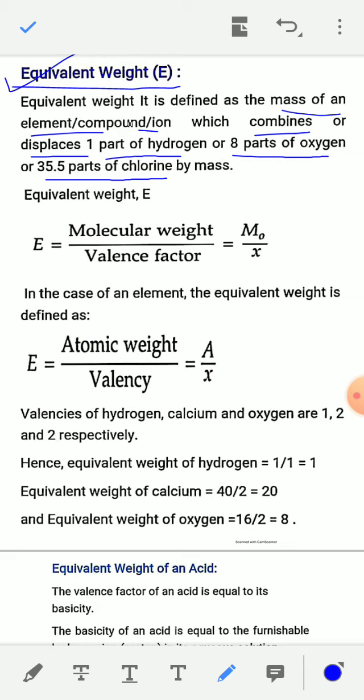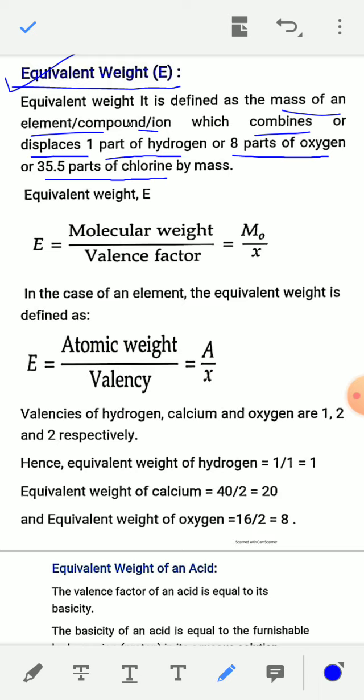That means you can define equivalent weight in terms of hydrogen, oxygen, or chlorine.